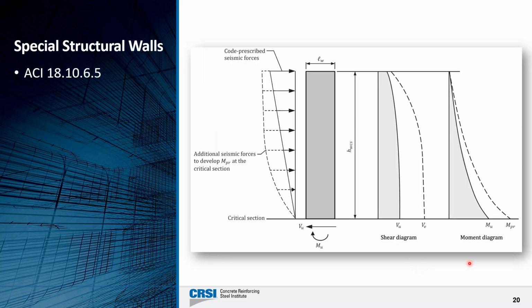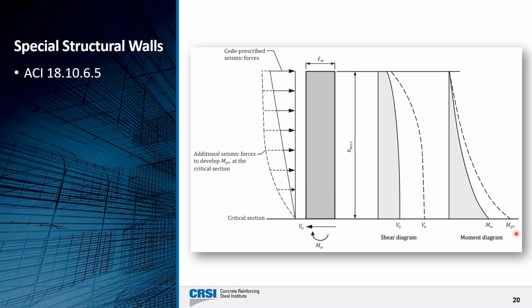So this is what we're typically looking at here. When you apply the code prescribed seismic forces to your wall, you get V sub U and M sub U at the base, which we know is smaller than what you would anticipate in the actual earthquake. So you could draw your shear diagram, you can draw your moment diagram. What we would like to do is to design the wall for M sub PR for the case of shear.